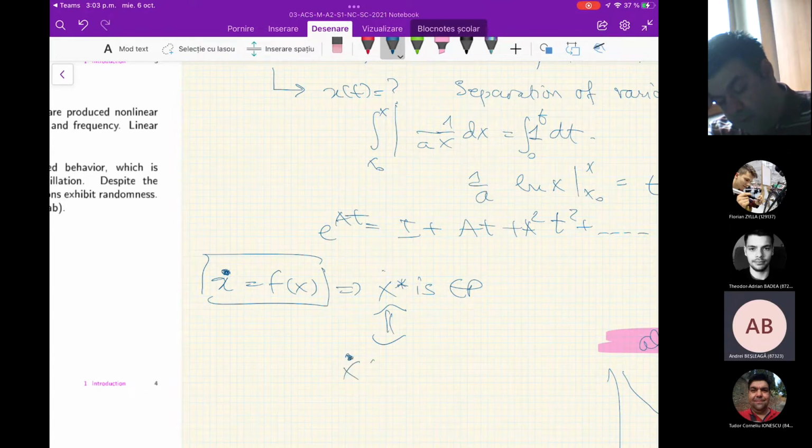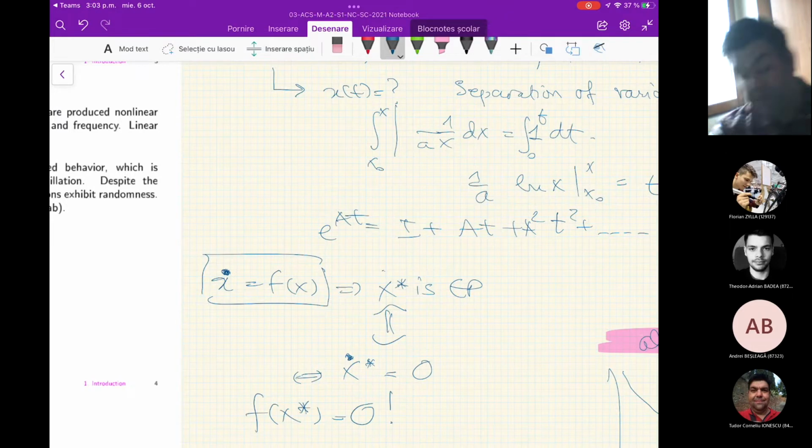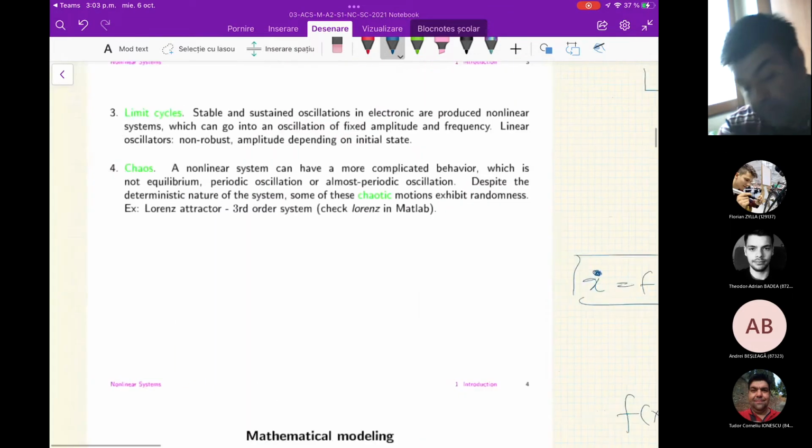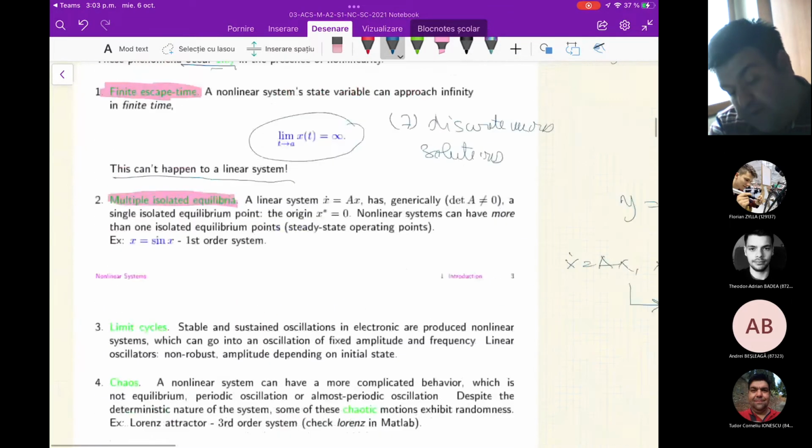X dot star equals 0, or if and only if f(x star) equals 0. This is the definition of an equilibrium point. In the linear case, generically, usually when the determinant of A is non-zero, there exists only one equilibrium point, and that equilibrium point is the origin. That's unique for linear systems.